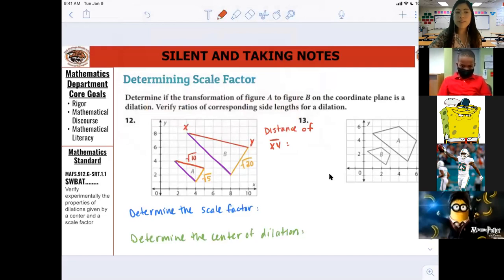This is an A, C, or F. You do it, you get it right, you get an A. You do it, you get it wrong, you get a C. Don't do it at all, that's an F. 2 minutes on the clock.